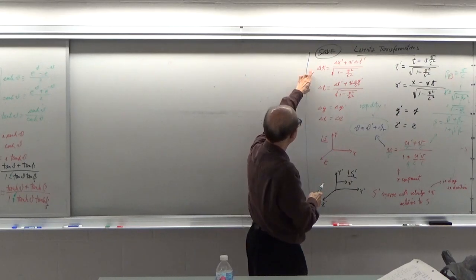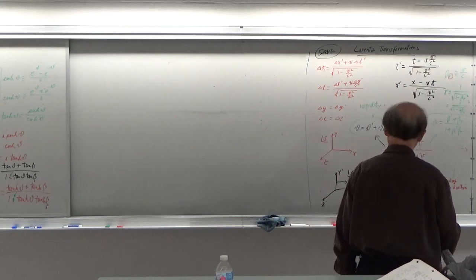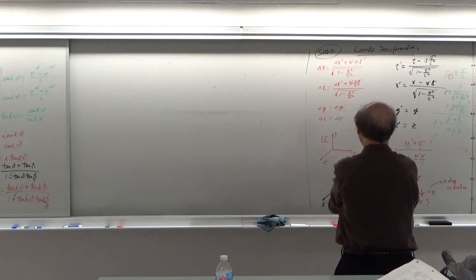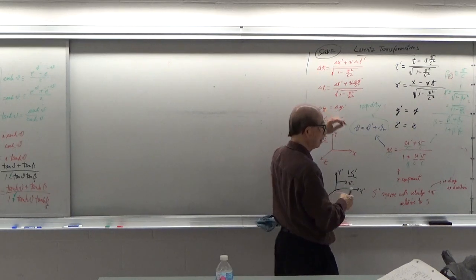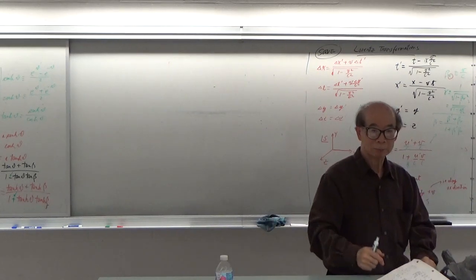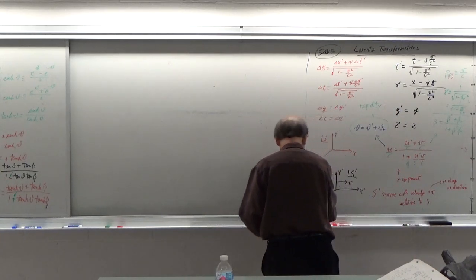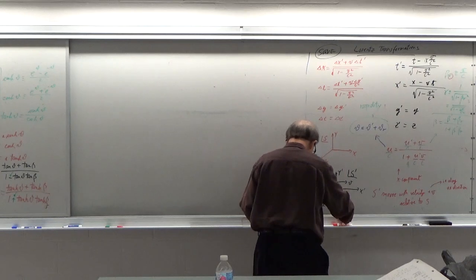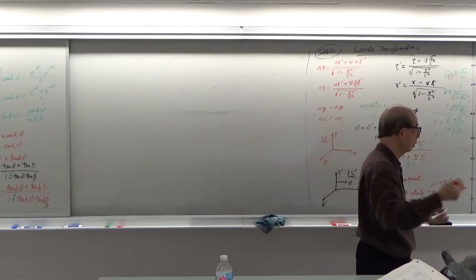Let me take a look at the red set of Lorentz transformation equations. Notice that x, y, z have the dimension of length, while time has the dimension of time. So let me make this also have the dimension of length. That's easy.